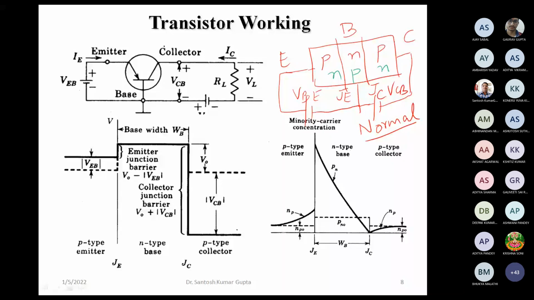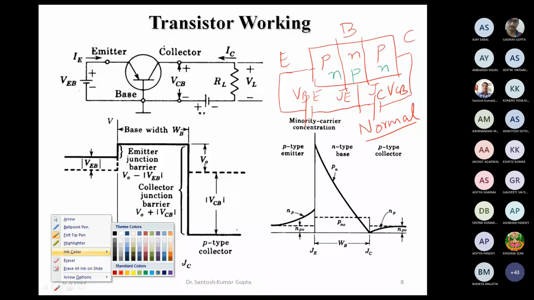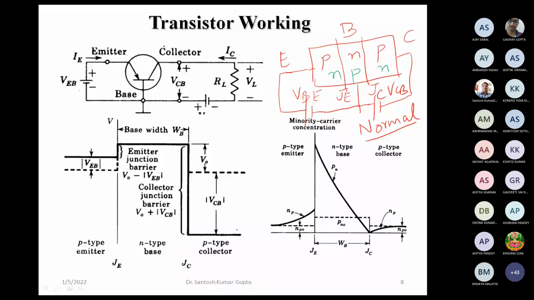So these are just nomenclatures here. In the last lecture also we tried to understand a little bit about what the different actions are which happen inside this particular configuration. So if we look at the first junction here, the emitter junction, then this is forward biased.